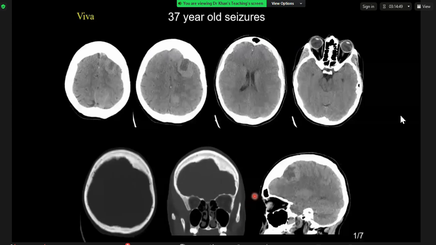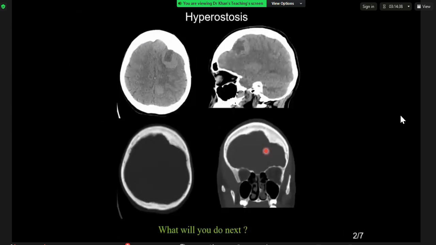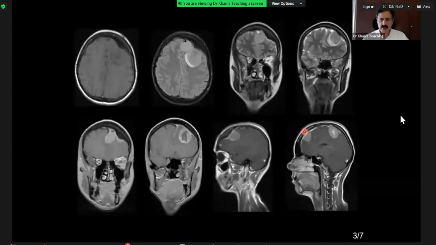I would like to give contrast and see whether they enhance or not, because I did not see any surrounding marked vasogenic edema. So I'm thinking that this could be... Right. So you want to give contrast. Instead, I have actually given you an MR with contrast.